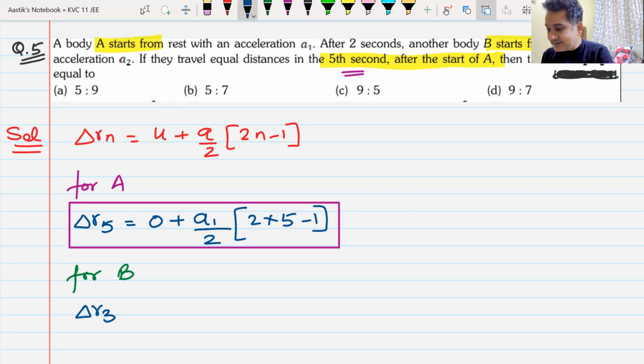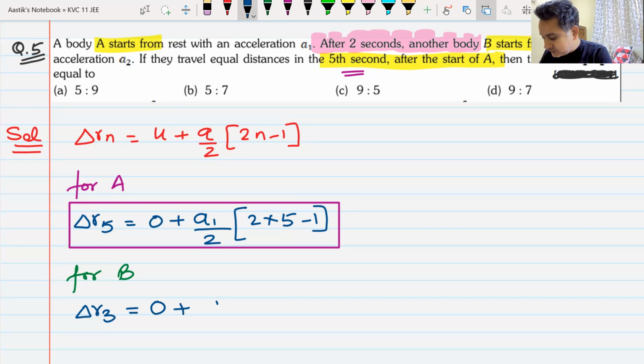Do you understand this? B starts 2 seconds later. Therefore, the fifth second for A is the third second for B. So I have to find out the displacement in the third second of B.